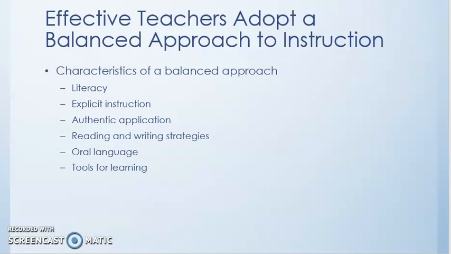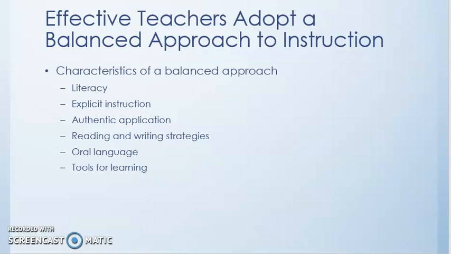And then effective teachers adopt a balanced approach to instruction. In this class, we are going to talk about what balanced literacy means. And if you remember from the slide where we talked about sociolinguistics, remember that reading and writing and information processing happens within context, right? And your classroom is just one of many contexts that a child will encounter throughout the day.